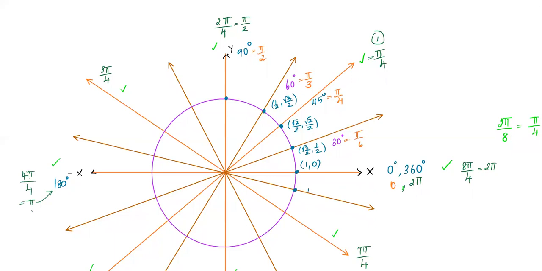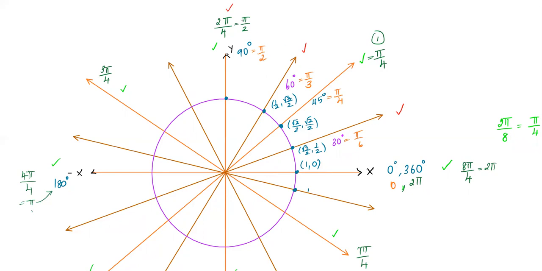Next, I'd like you to pay attention to the red tick marks, okay? So 0 is the starting point, but after that, the first mark would be the first 30-degree mark. So look at the red check marks, okay? 1, 2, 3. You're skipping the 45-degree mark. You're not skipping the axes, but you're skipping the 45-degree mark, okay?